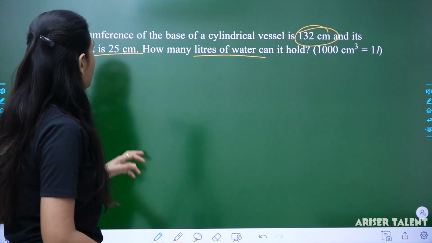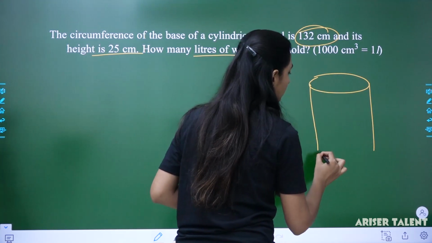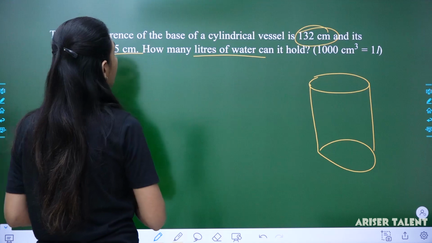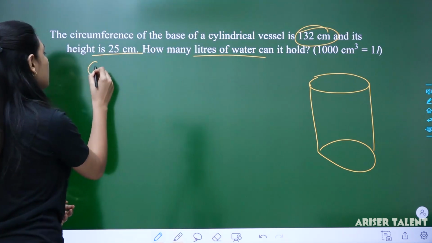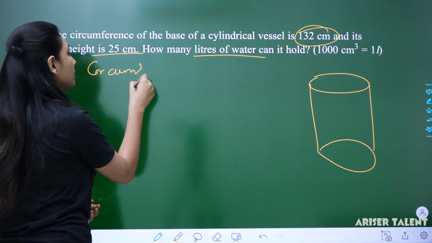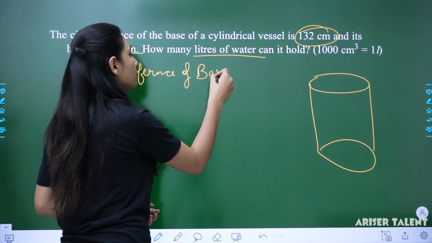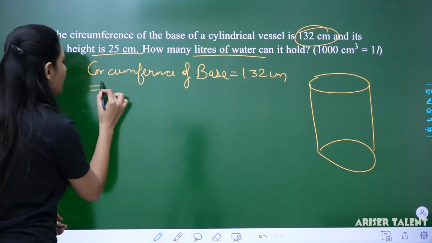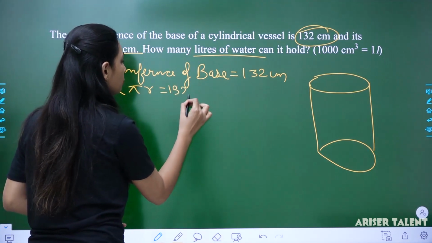Okay, it's saying that you have something cylindrical. The cylindrical vessel has a base circumference of 132 centimeters, which implies that 2 pi r is equal to 132.